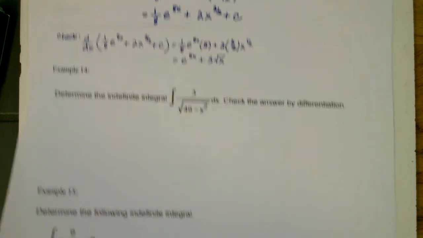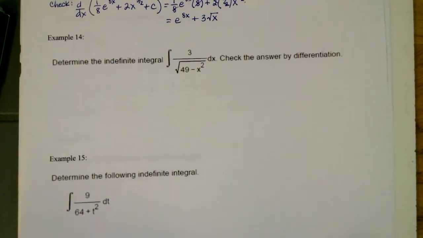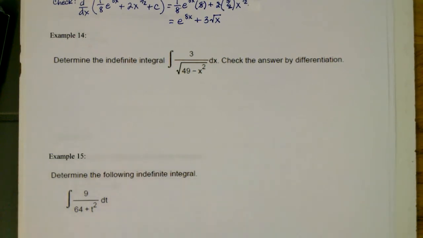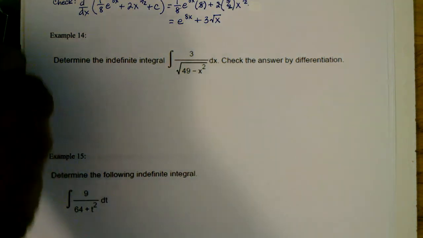All right, next example 14. Determine the indefinite integral here. We got the integral of 3 divided by the square root of 49 minus x squared dx. And let's say I want to check my answer by differentiation.